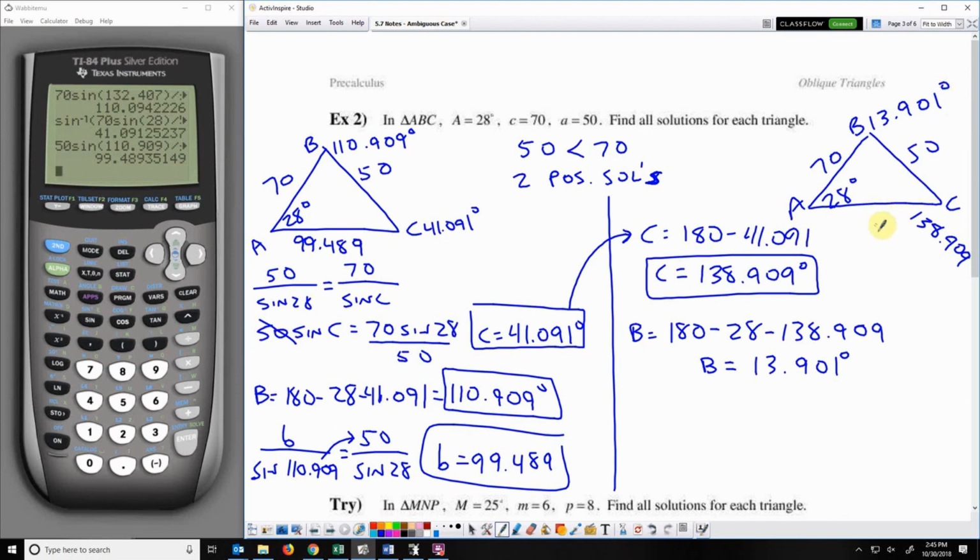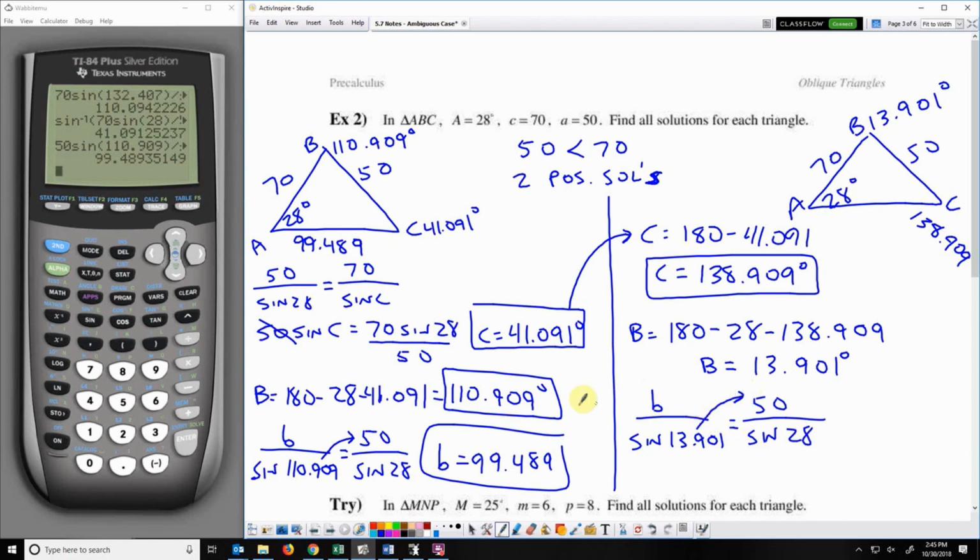And the only thing left missing is side B. So B over sine 13.901 equals 50 over sine 28.